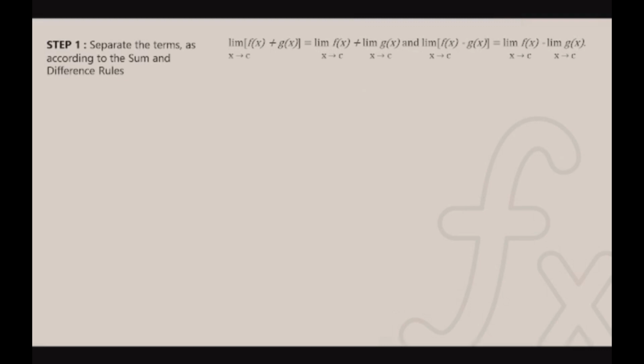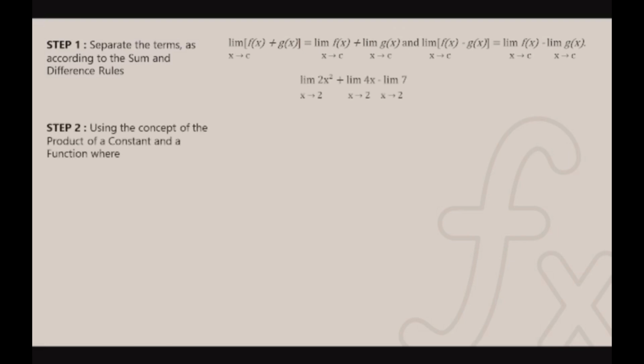The limit of f of x plus g of x as x approaches c equals the limit of f of x as x approaches c plus the limit of g of x as x approaches c, and the limit of f of x minus g of x as x approaches c equals the limit of f of x as x approaches c minus the limit of g of x as x approaches c. It is 2 times the limit of x squared as x approaches 2 plus 4 times the limit of x as x approaches 2 minus the limit of 7 as x approaches 2.